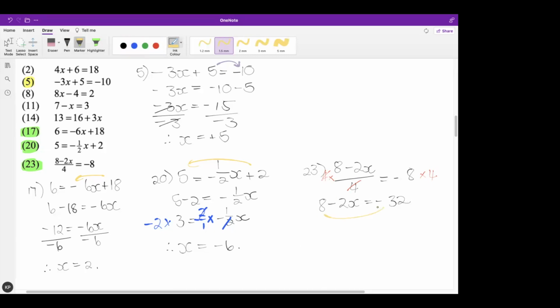We take our 8 over to the other side. So then negative 2x is equal to negative 32 minus 8. So negative 2x is, what's negative 32 minus 8? Nice, Marlene. Negative 40. Divide both sides by negative 2. Therefore, x is 20.